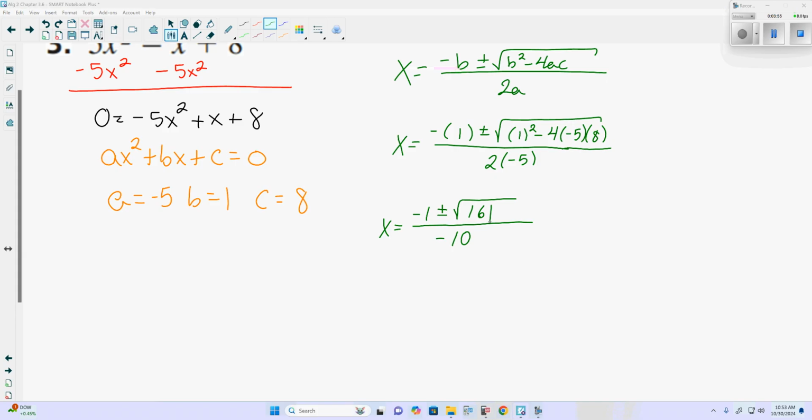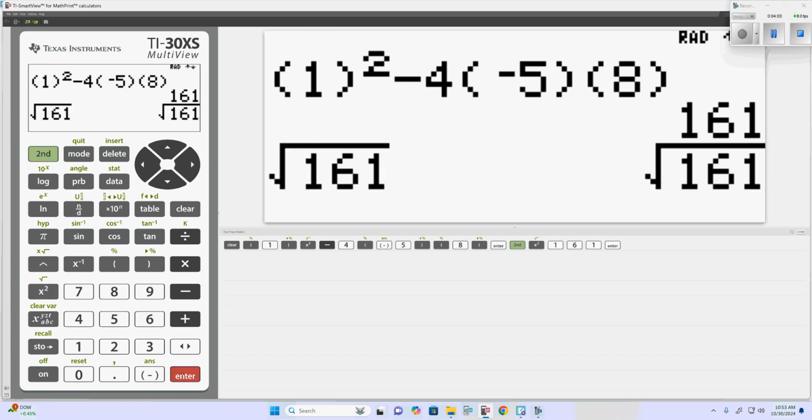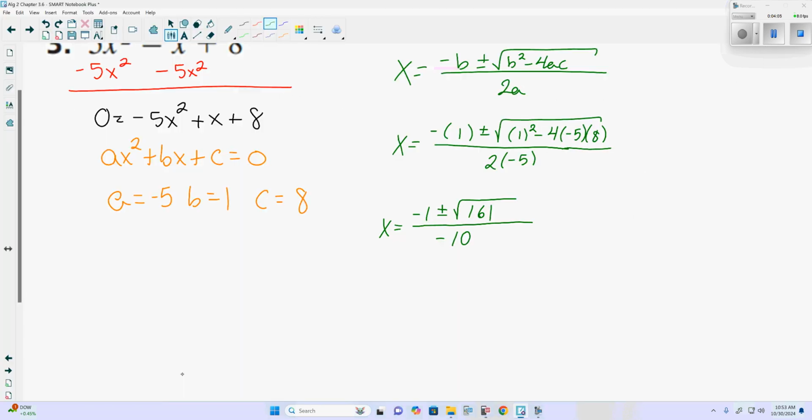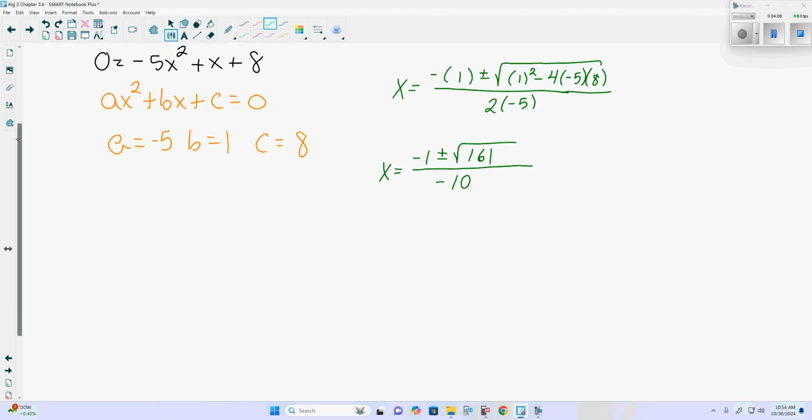Now we do need to see if we can take the square root of 161, see if that simplifies at all. And it does not. So questions on this so far?